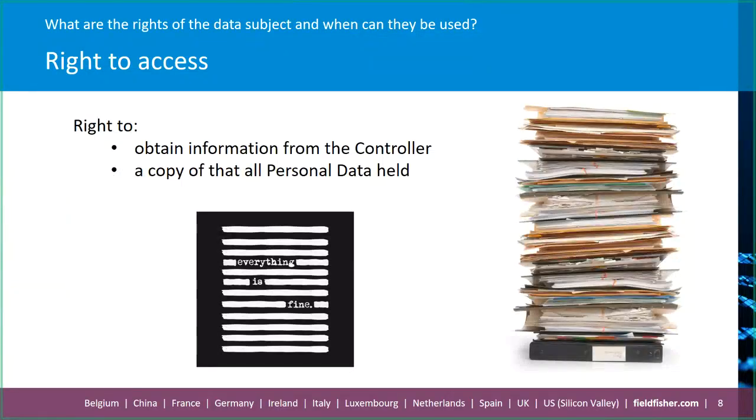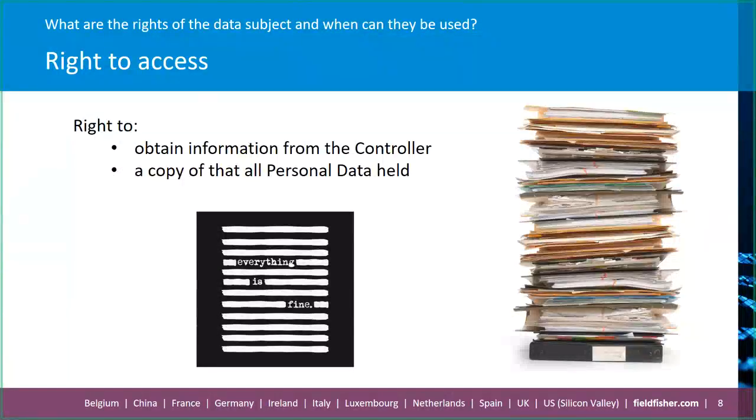So firstly, the information, the controller, so Facebook in that example, will have to confirm whether or not they're processing your data, tell you the purpose of that processing, tell you the categories of data they are processing, tell you if they are sharing it with any recipients, including any recipients outside of Europe.